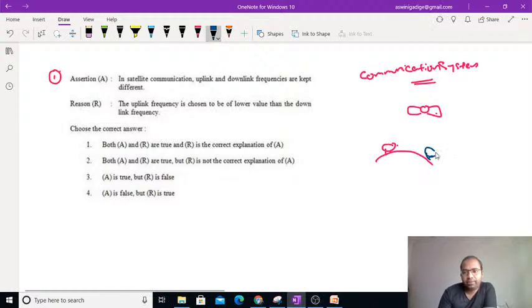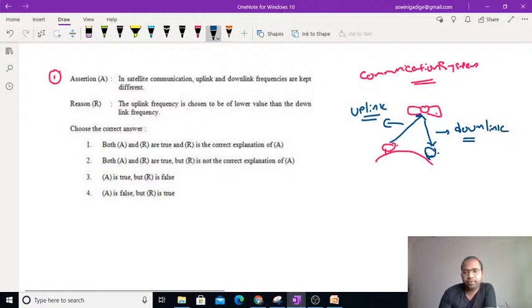If you want to transmit a signal from the earth base station to the space station, then the signal will go like this, and this signal has to penetrate through the different layers of the atmosphere, troposphere, stratosphere, ionosphere, and then it has to reach the satellite. It is called an uplink. The signal which is going from the earth base station to the space station is called an uplink, and the signal which is coming back from the satellite to the earth base station is called a downlink.